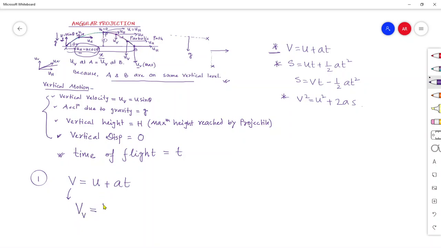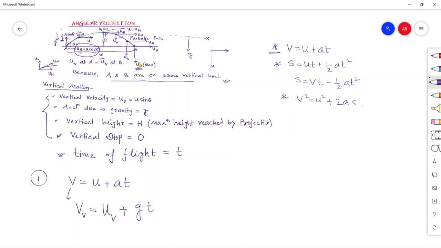Instead of u, I will write uv, the initial vertical velocity. Instead of a, I will write g, and t here is the time of flight. This t is the time of flight, meaning how long the object was in the air between point A and B. So see, whatever the magnitude of uv, the same magnitude is vv.